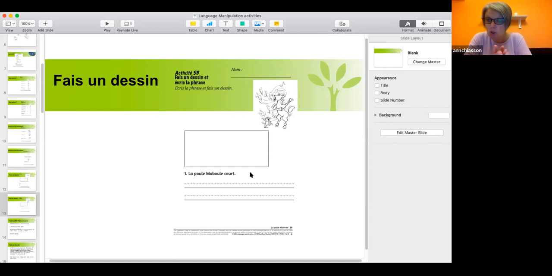So it's totally okay to adapt these depending on the age group that you're teaching. So how you do the activities with kindergarten students may look different from what your expectations are for grade 2 students. But of course, just to refresh your memories, that we model everything orally first with the group as a whole.